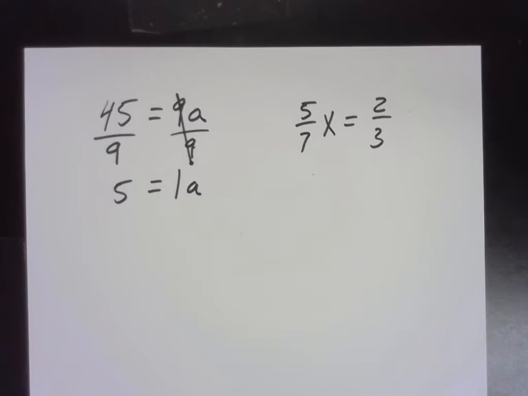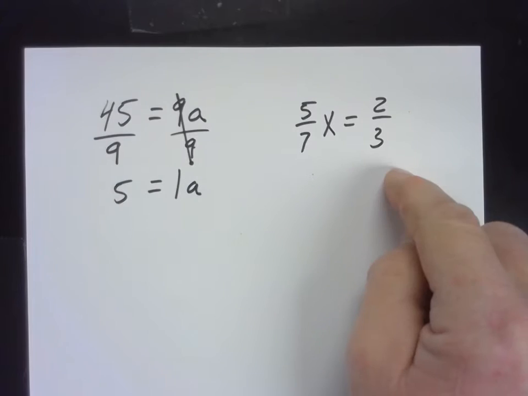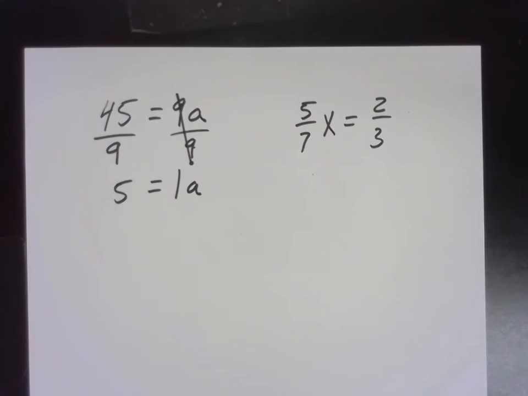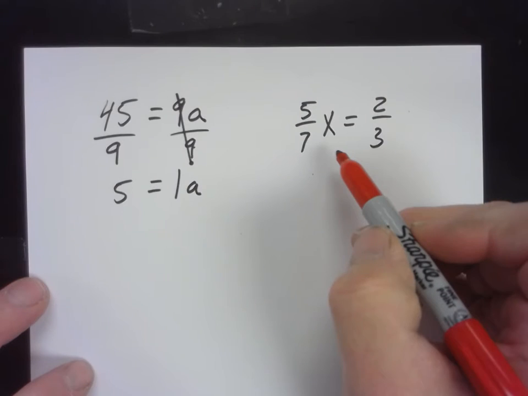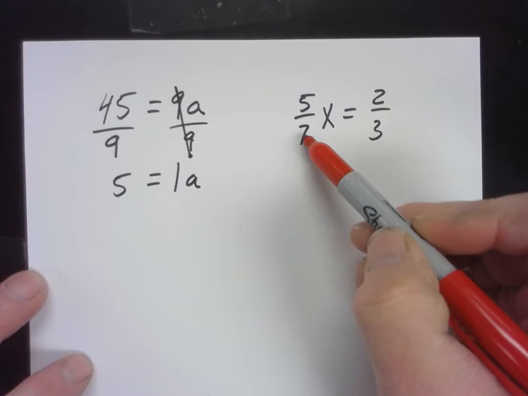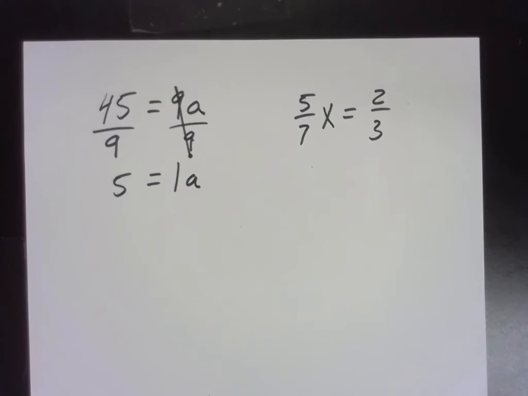Even though it's a very simple equation, it's one step, seeing what the answer is isn't as simple as that. But I want you to think about this. What's the opposite of timesing by 5/7? Dividing. Okay. Now, how do we divide by 5/7? Yeah, we times by its reciprocal.